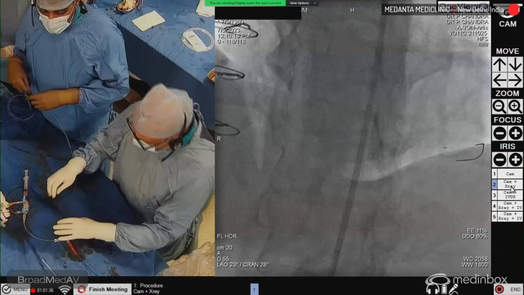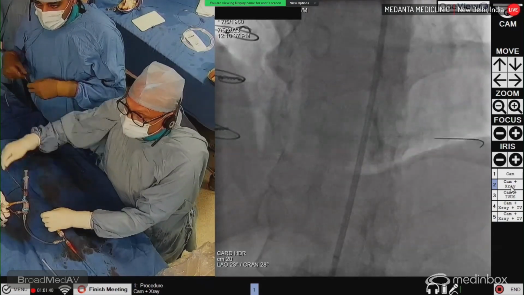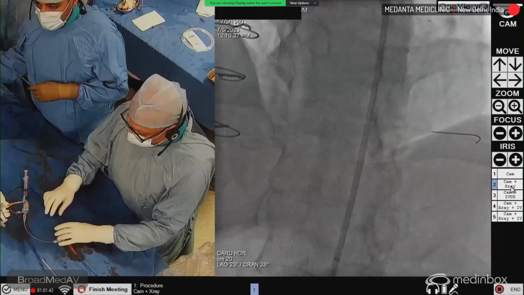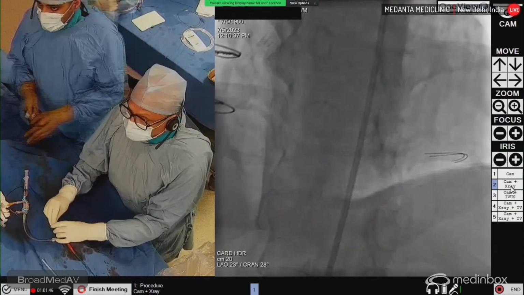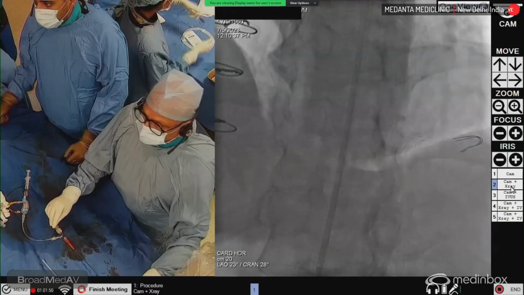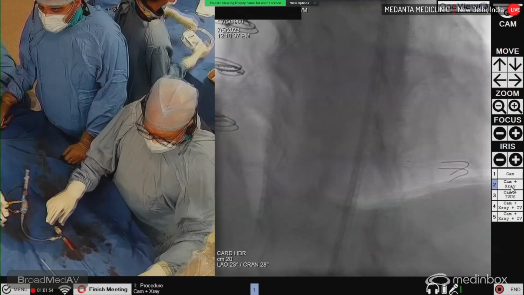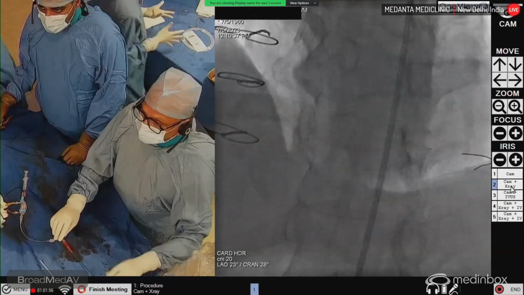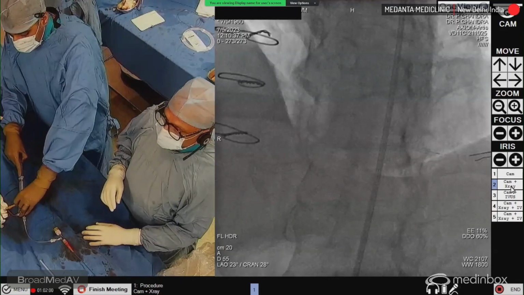So this is a 2.5 into 38 Alpine, and there is some wedging. I can see that. Maybe I'll have to pull the guiding catheter a little bit back. Yeah, it's okay. You saw there was some wedging because the guide catheter went a little inside, and we can check now. Check now, please.